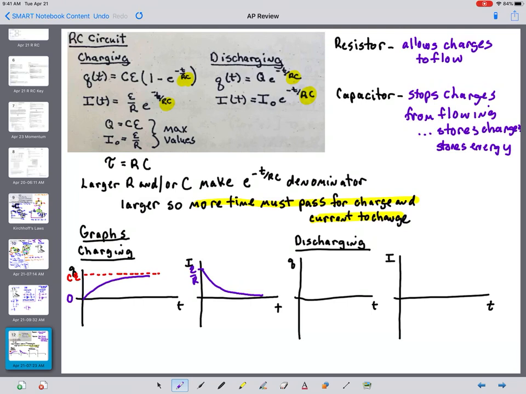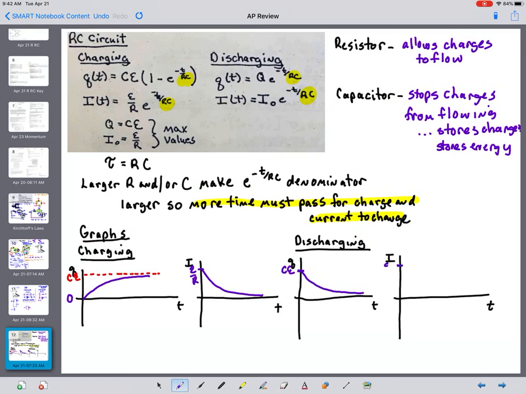When you are discharging, you know you're starting with the capacitor fully charged, so you can discharge it. So you're starting at that maximum value, C times EMF, and as you discharge, you eventually approach 0 as an asymptote. Current for discharging, well, if your capacitor plates are fully charged, that means the charges are most motivated to flow to the opposite region of charge when you first throw that switch.